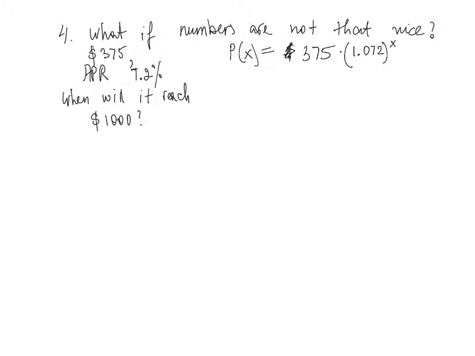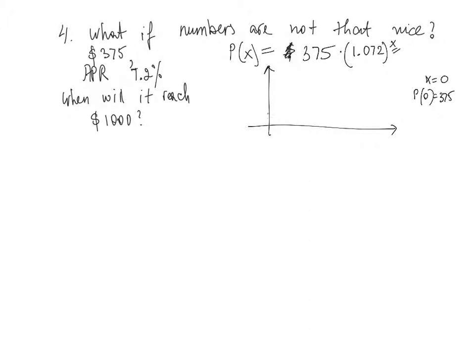Okay, so if you just need to sketch the graph, that's not a problem. You don't need to do it to scale. You know that 375 is the initial amount. When x is 0, the moment now, p of 0 is 375, because anything to the 0 power is 1.